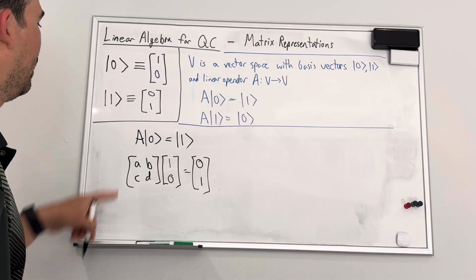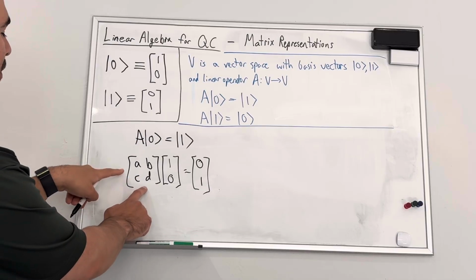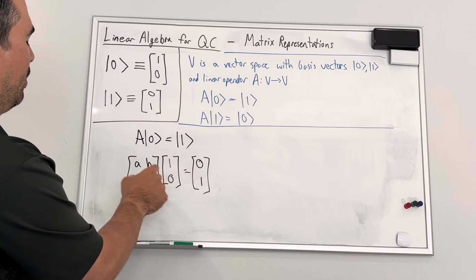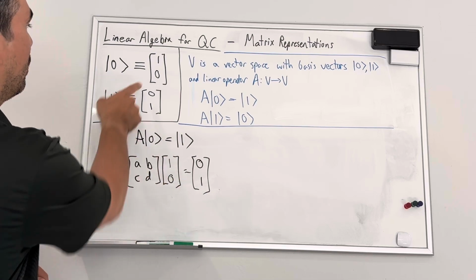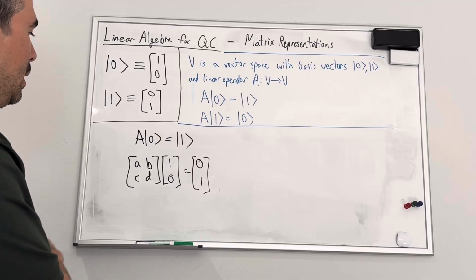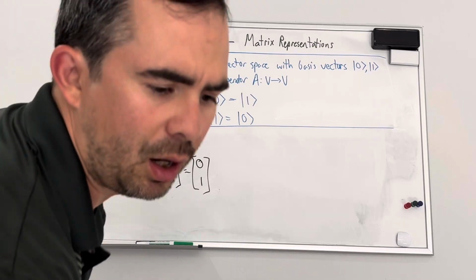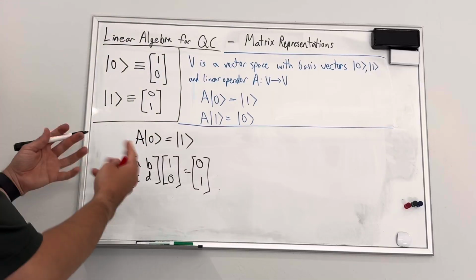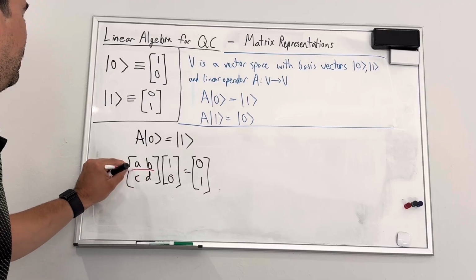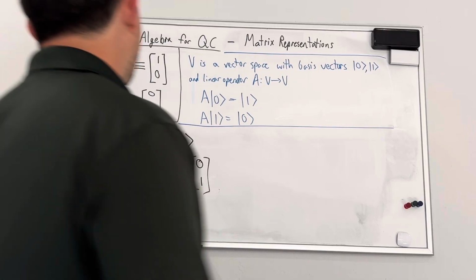Right? So all I did was say, hey, my A operator is going to have a matrix representation. It looks something like this. It's a 2 by 2 matrix. My 0 vector is 1, 0. And my 1 vector is 0, 1. And so using the rules of matrix multiplication, let me multiply these together. I'm going to take this top row and multiply it by this column.